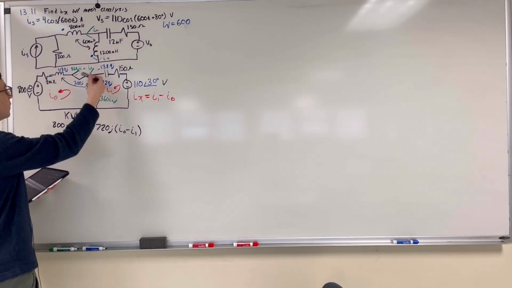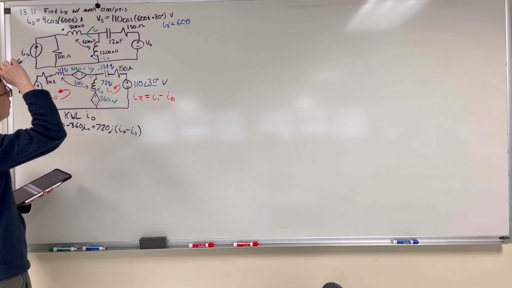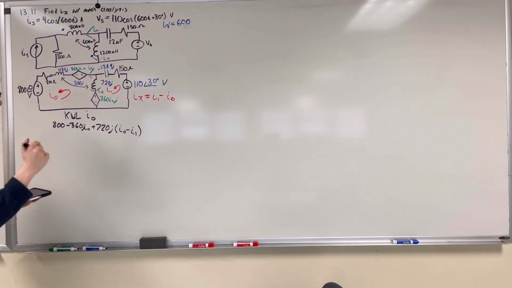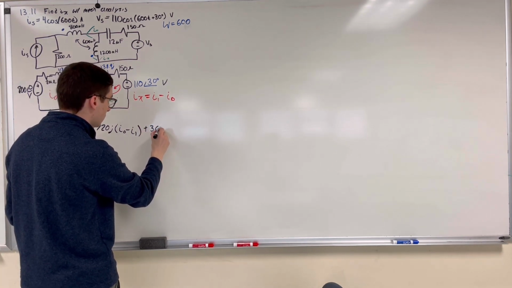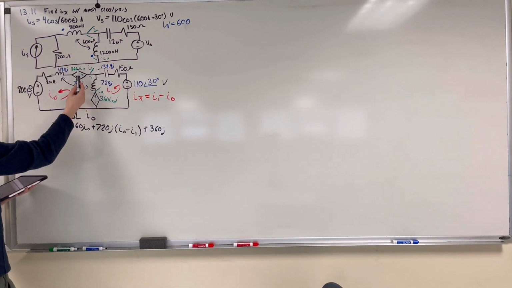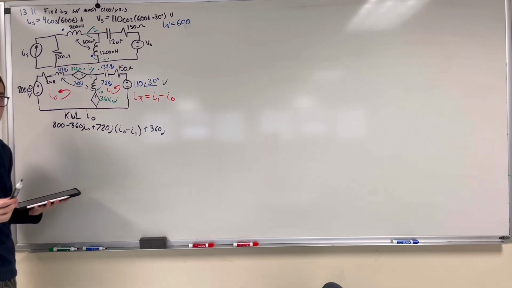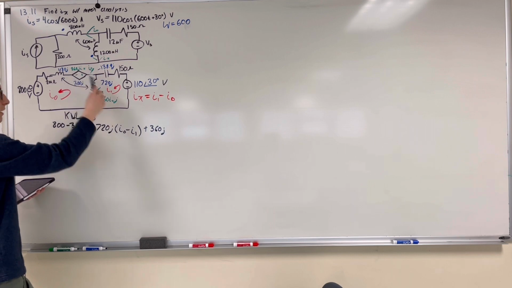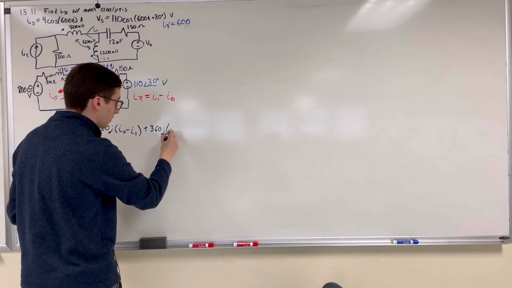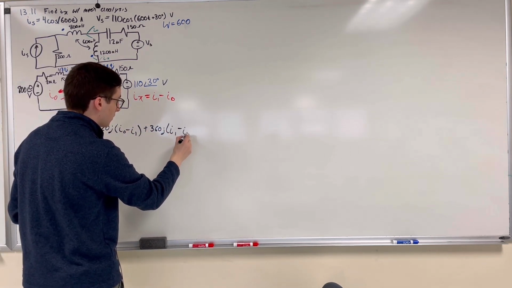And then we're going to come through this dependent source through the positive terminal. So this is going to be plus 360 J times IX. But we don't want to solve for IX right now. We just want to solve for I1 and I2. So I'm going to substitute IX with the equation we just found. So it's going to be I1 minus IO.